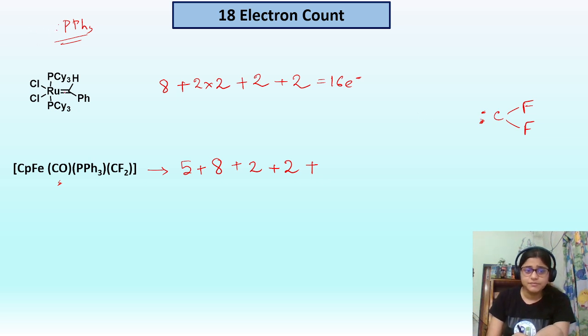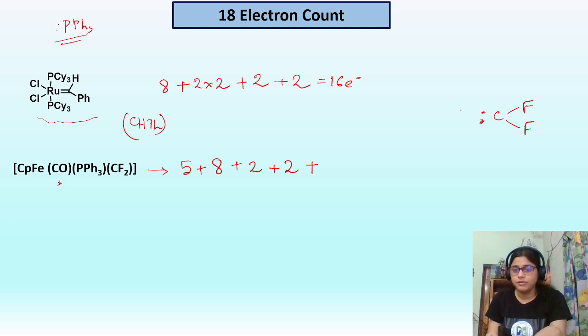Like this, like this. Here the structure is given, but if it is not given, it will be like this. It is forming a double bond. You can think about the double bond. It is forming this kind of bond with the metal. So contribution will be 2, right?